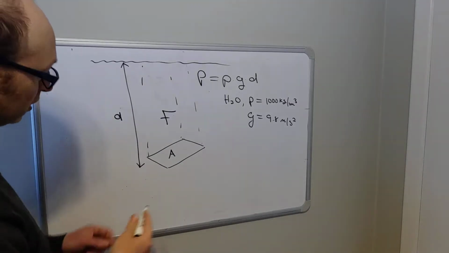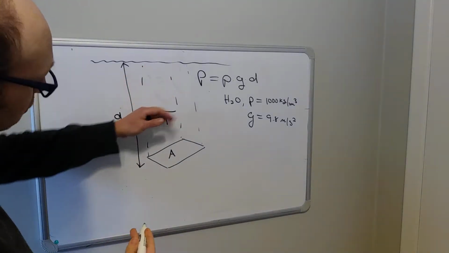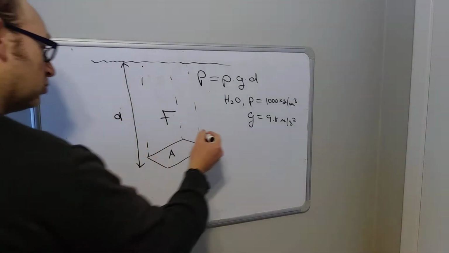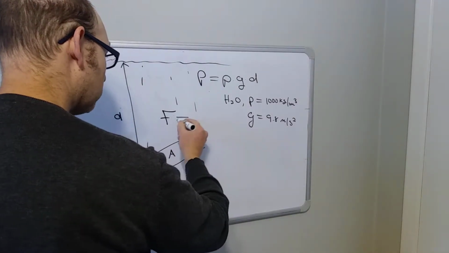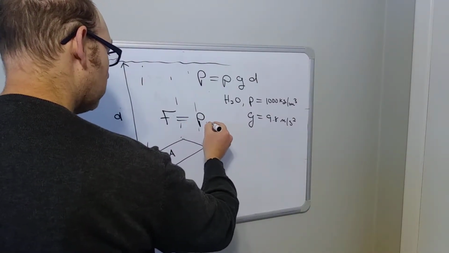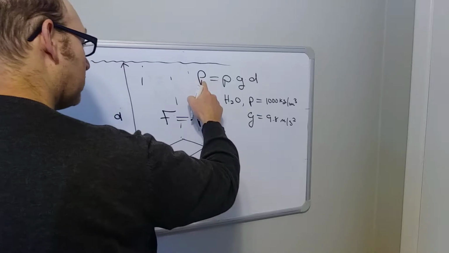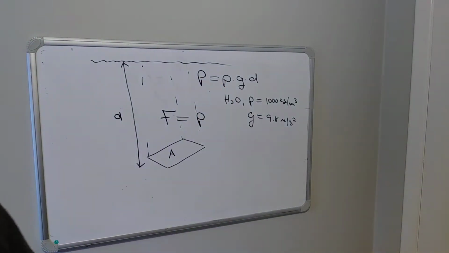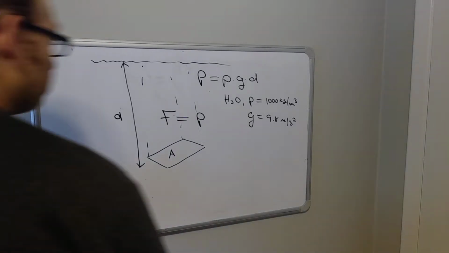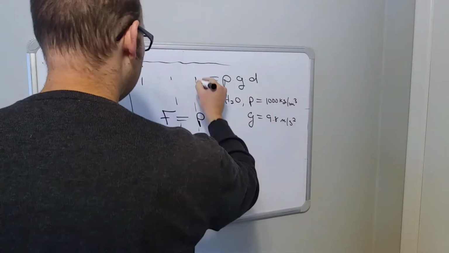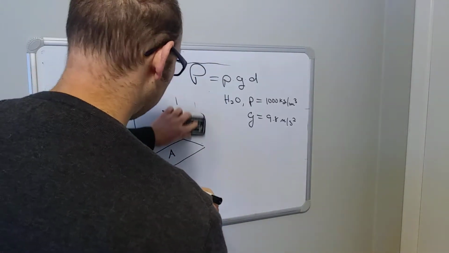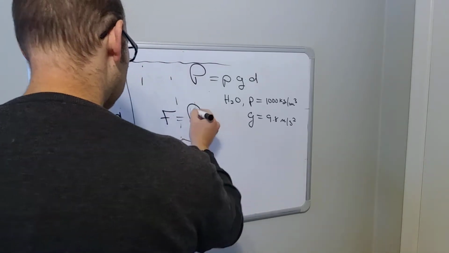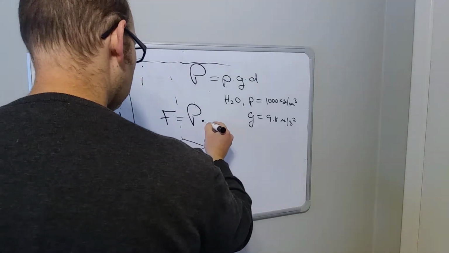So if you calculate out the total amount of water above the plate, you just use the formula, force is equal to pressure, capital P. So this is a capital P here, and that's a lowercase p. Let me make it a little bit bigger so you can tell the difference better. So force is equal to pressure times area.